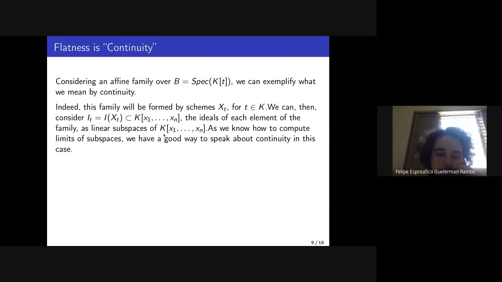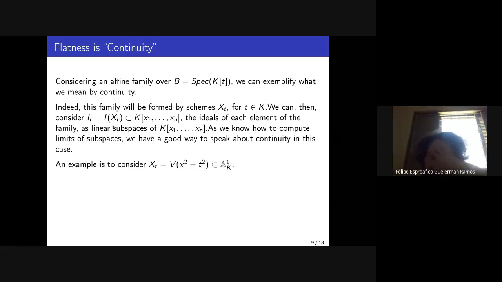And then, of course, if we want to have a notion of continuity in these schemes, we could consider the notion of continuity for linear subspaces of this space. This is a good way to speak about continuity in this case.